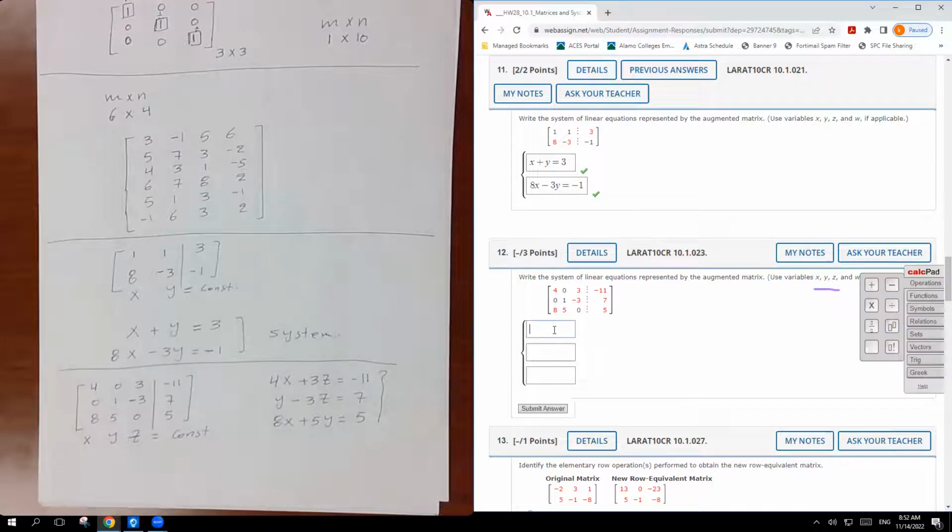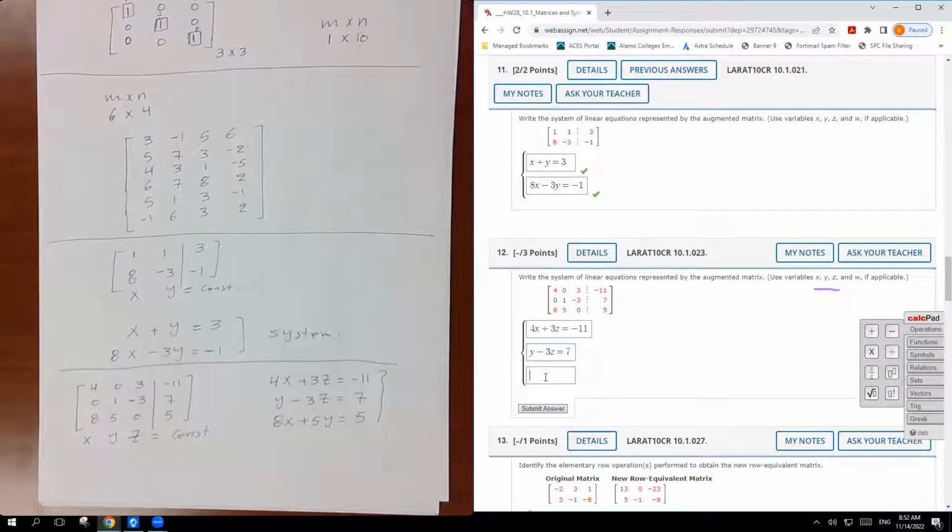So we're going to type here 4x plus 3z equal negative 11. There's the equal sign. And here the second one is y minus 3z equals 7.